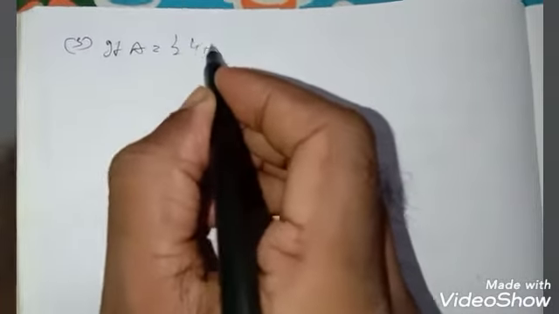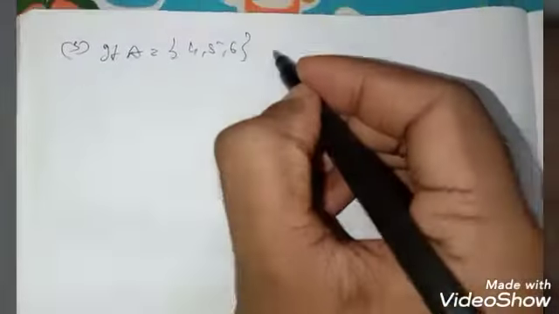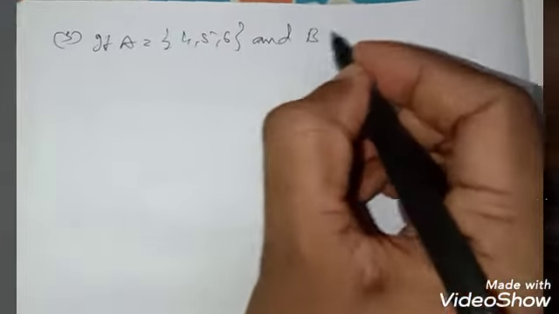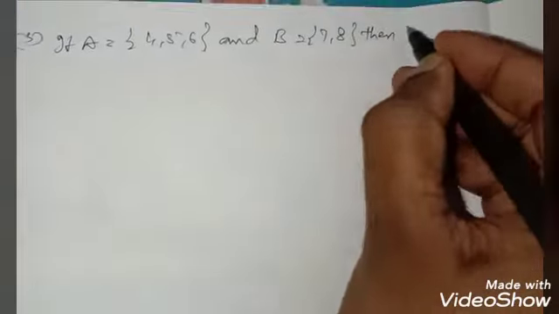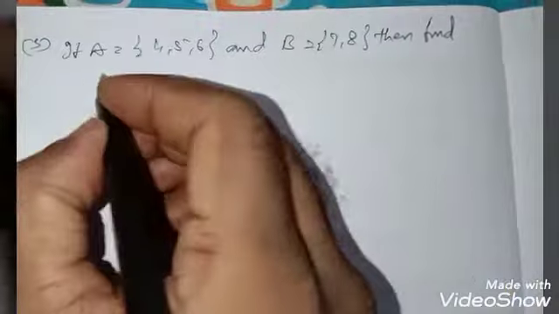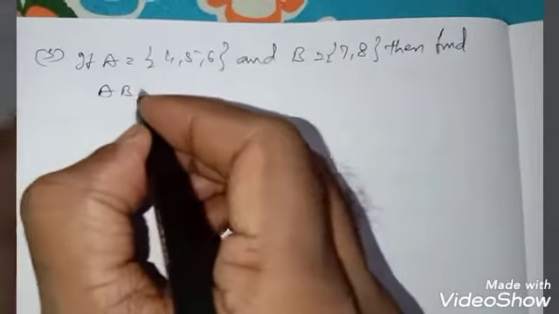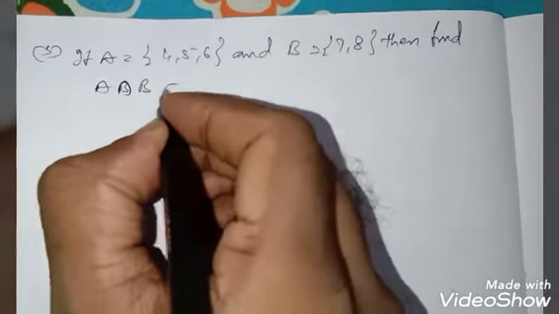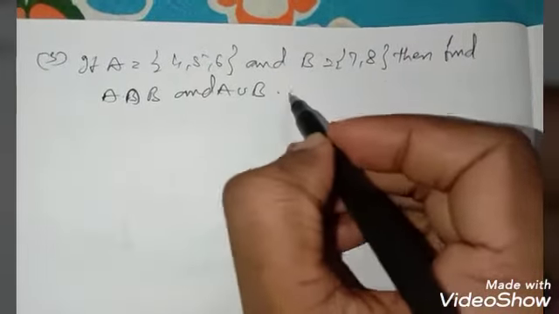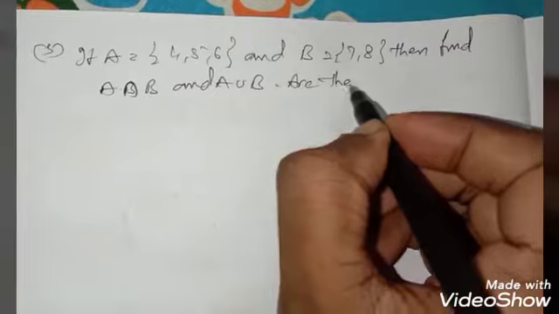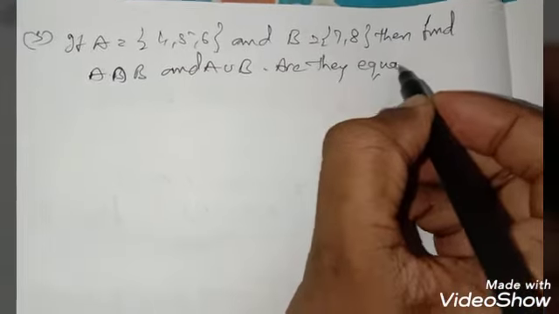Now the fifth question: if A is equal to {4, 5, 6} and B is equal to {7, 8}, find A intersection B and A union B. Are they equal?